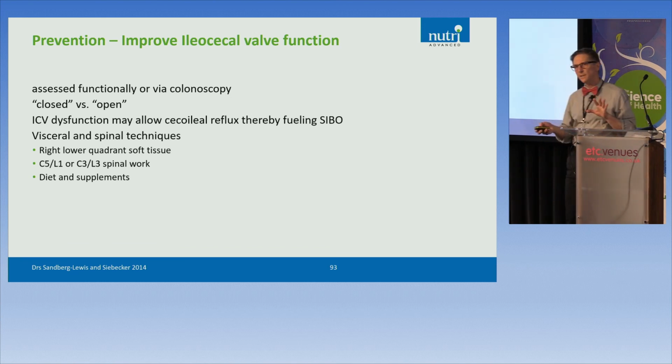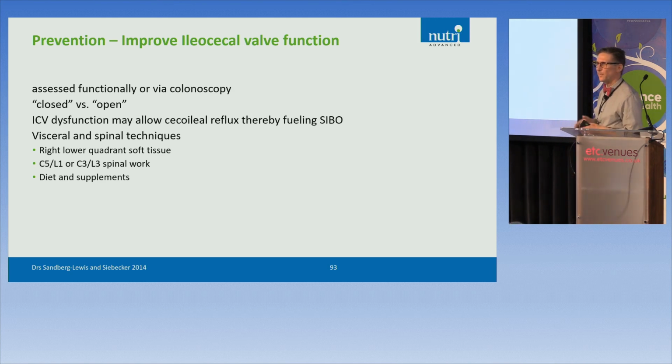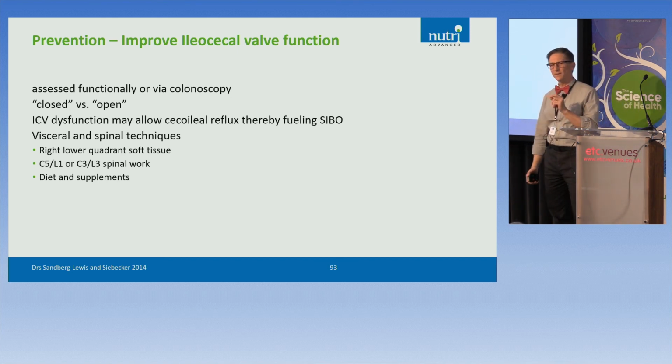There's a lot of detail to this, but anybody know what the worst food, thought to be the worst food for the ileocecal valve is? Popcorn, yeah. There's this graphic quote that popcorn is like razor blades going through the ileocecal valve.